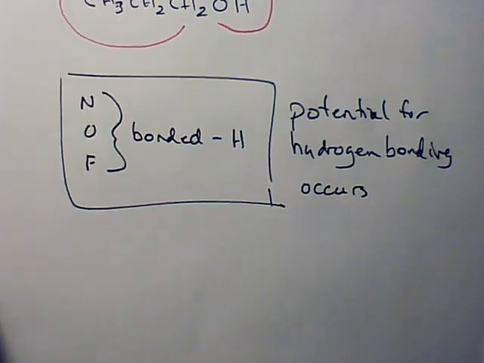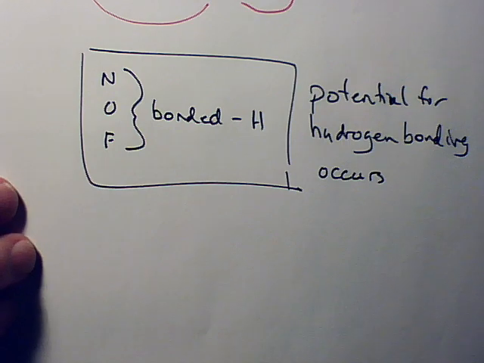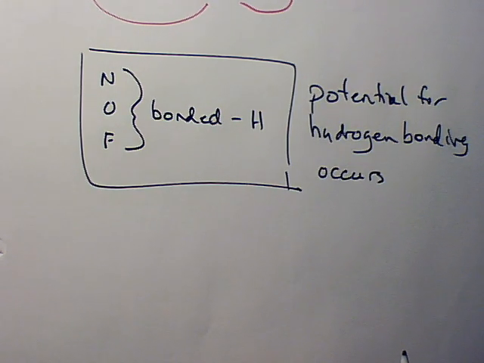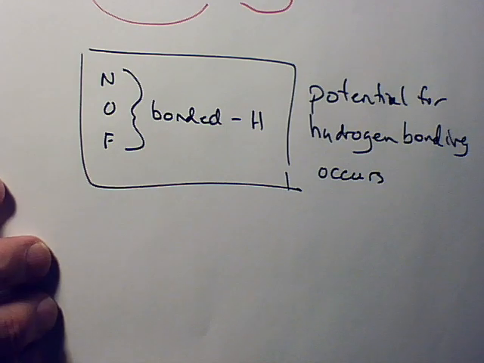And if you remember, that's the strongest kind of what we call the polar forces, the dipole-dipole forces, even though I said the latest research says it spills over a little bit beyond dipole-dipole into a sort of covalent bond too.